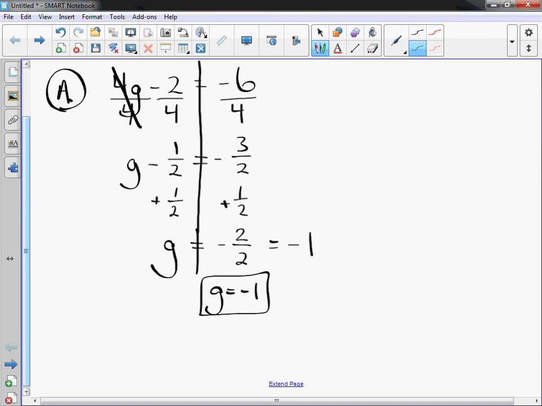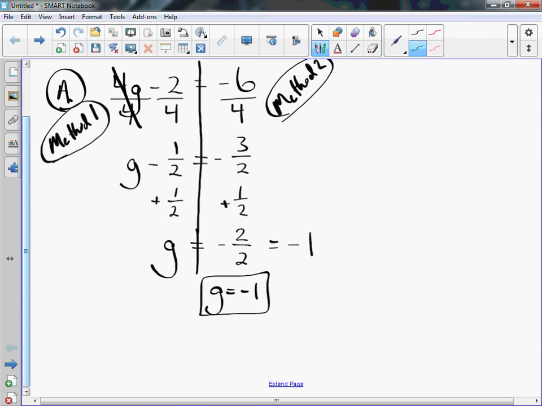Okay, now let's look at another method of doing that. So let's call this method 1. Okay, come over here, we can do method 2. So we have 4g minus 2 equals -6.